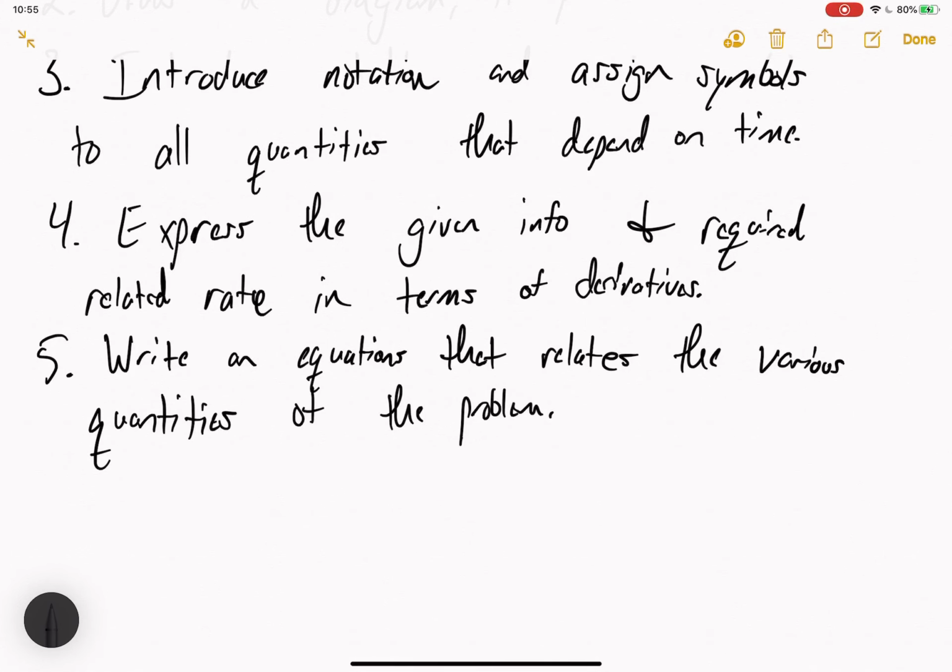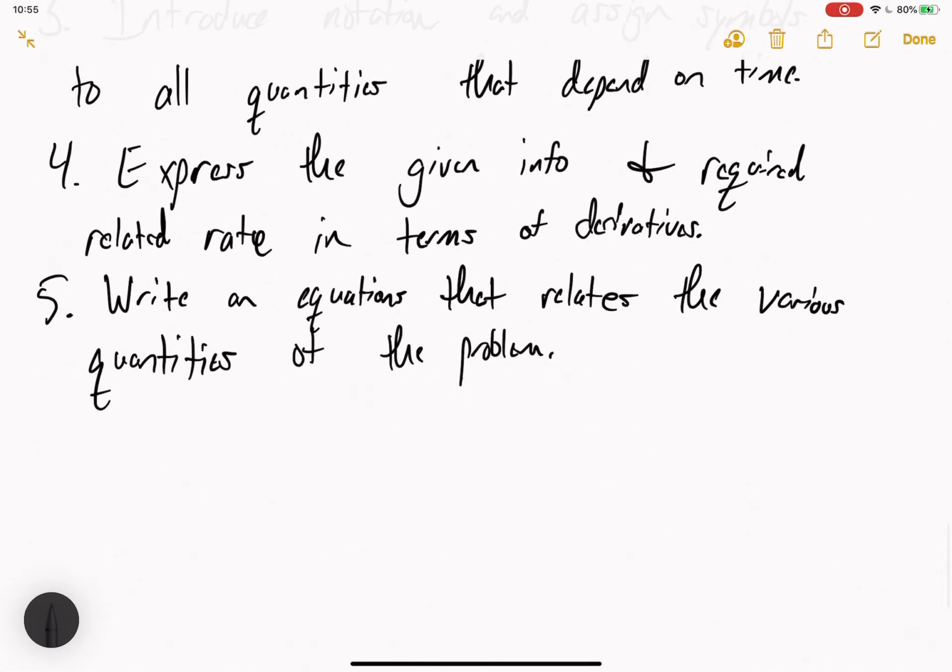Basically what this means is, if you have the two variables that you want, typically it's two, sometimes there might be more, there might be 3 or 4. You can really complicate it if you wanted to. It really depends on the situation, but for us, we're not going to do anything too complicated. So typically it's 2, and we want to find an equation that links them, and sometimes you might have to use geometry.